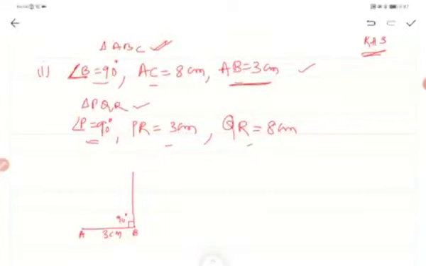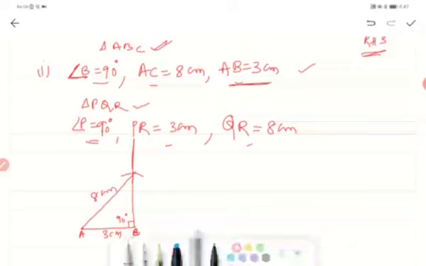So from here, this is point B. Now from here I will draw 8 centimeters, and it will cut somewhere on this line, something like this. So this will become 8 centimeters. You need to draw this using the compass.